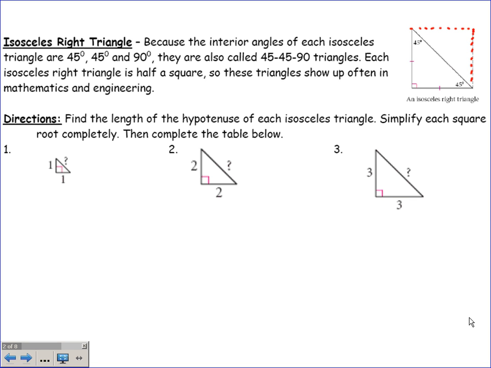Okay, guys. Hopefully everybody has a sheet now. You probably could have finished it in the time it took me to pass these out. Everyone is working on finding the length of the hypotenuse of an isosceles right triangle.